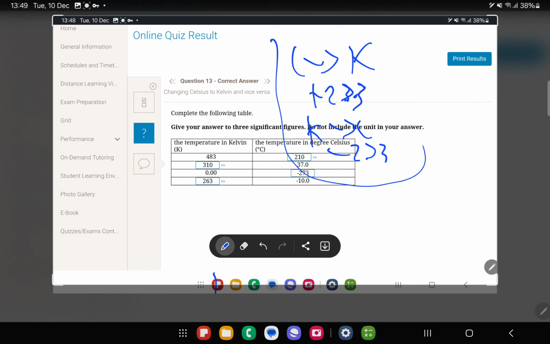Just memorize this, very important, because we'll use it in most of the questions, as you've seen already. So just apply this rule. From Kelvin to Celsius, you subtract 273, so 483 minus 273 is 210. And same thing for the other ones. That's it.